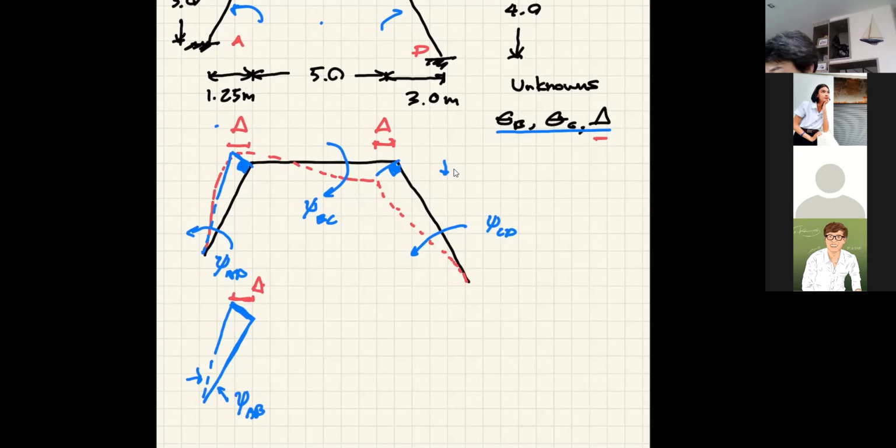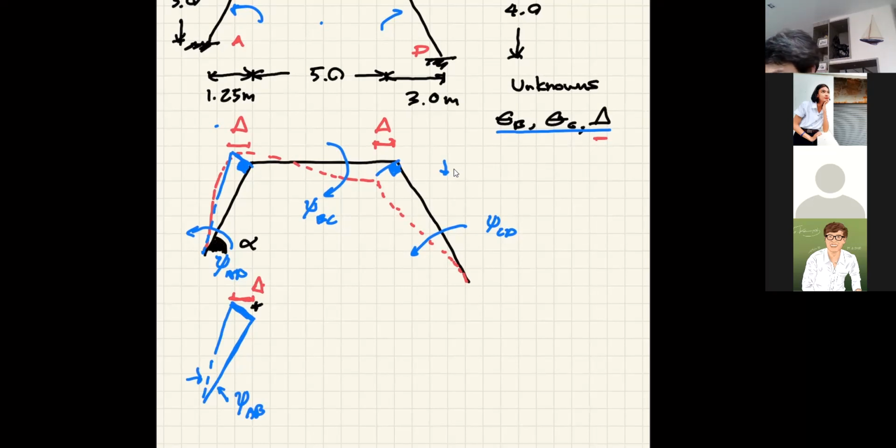Okay, so let's say I call this angle alpha. Let's call this one, I don't know, x.